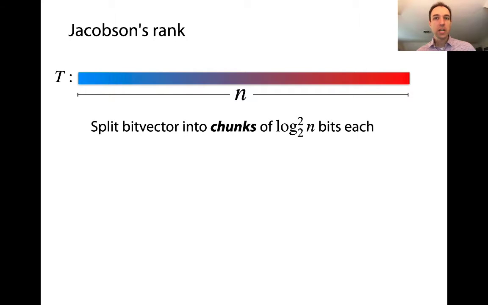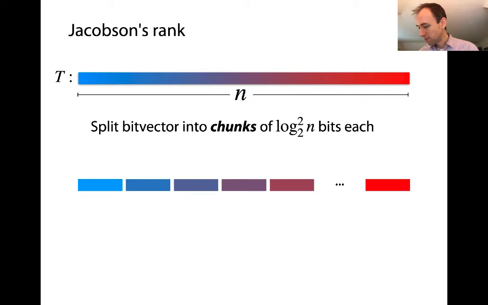We're going to say that they're each log base 2 squared of n bits, right? So log base 2 of n quantity squared. That's how many bits we're going to include in each of these partitions, chunks, let's call them chunks. So let's say here they are, each of these is a chunk, and therefore each one of them has that prescribed length.